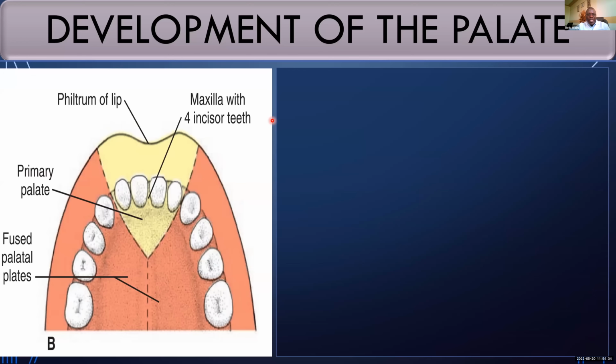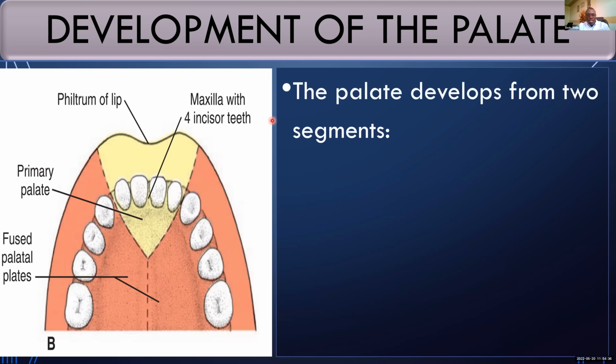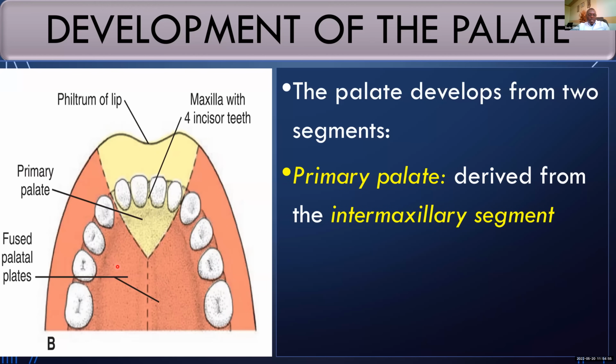Now, the palate has two embryonic origins, or rather two embryonic segments. There's this yellowish part, and there's this other part. They have different embryonic origins. This yellowish part is what we call the primary palate.